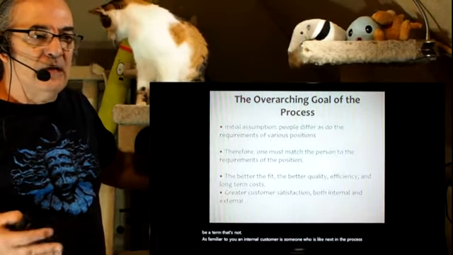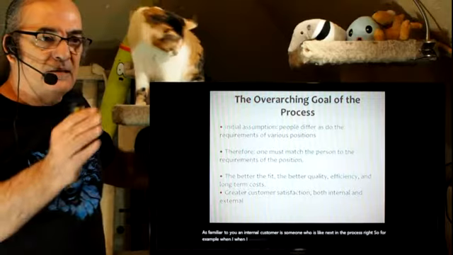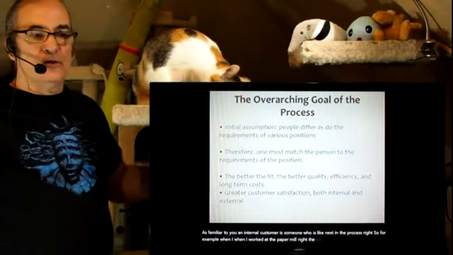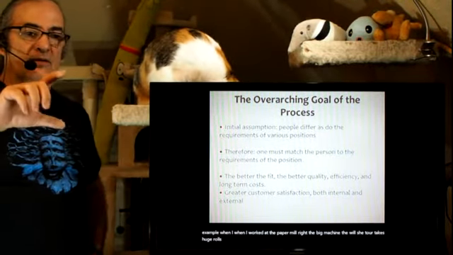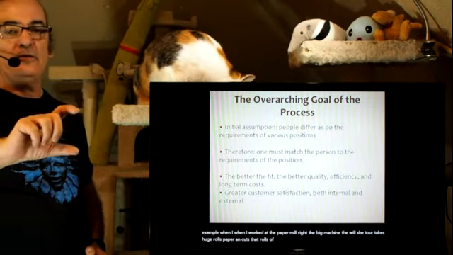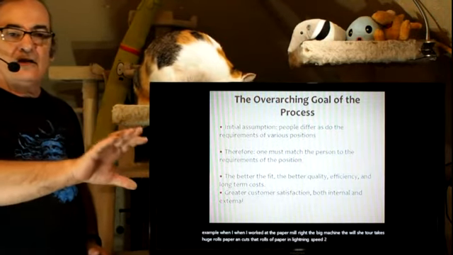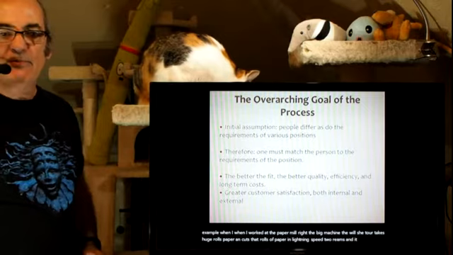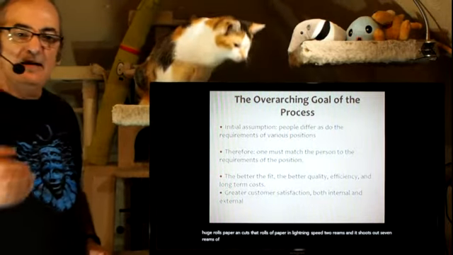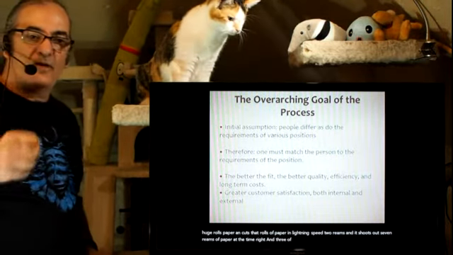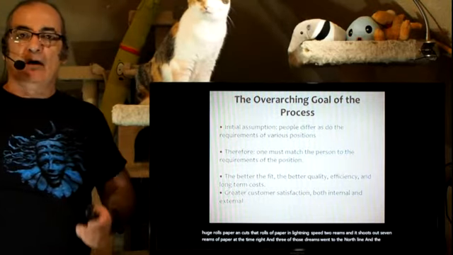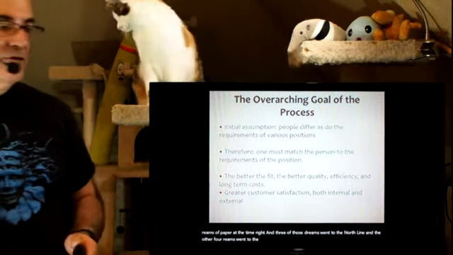So, for example, when I worked at the paper mill, the big machine, the wheel sheeter, takes huge rolls of paper and cuts them in lightning speed to reams, and it shoots out 7 reams of paper at a time, right? And 3 of those reams went to the north line, and the other 4 reams went to the south packaging lines, 2 packaging lines, right?